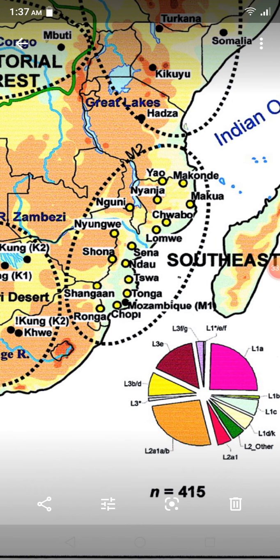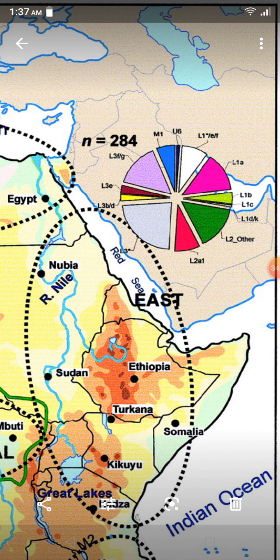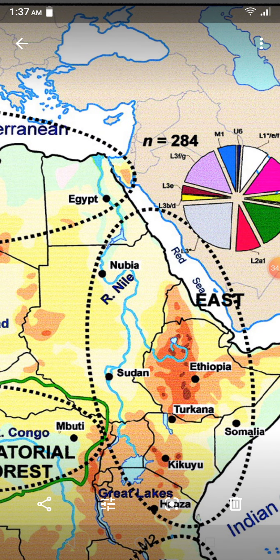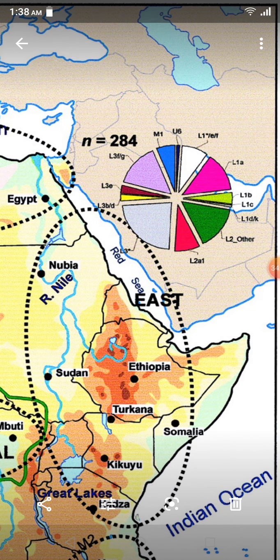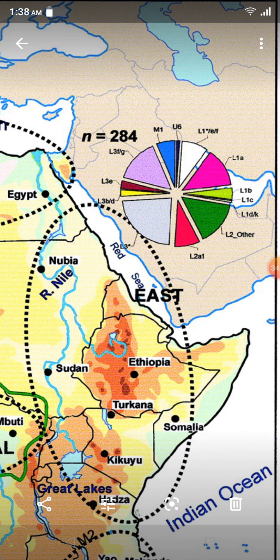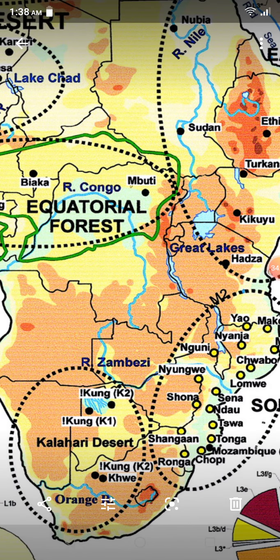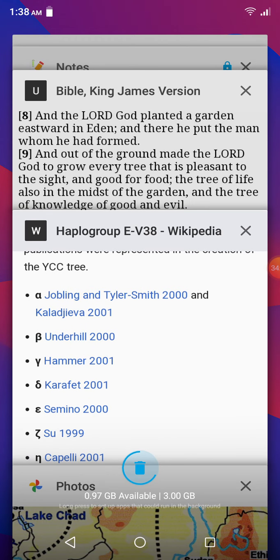I know there's Israelites there because the sample chart shows it. So for Israelites that are debating if there's Israelites in Turkey, yes, there's Israelites in Turkey. Is it a lot? No, small percentages, but there's Israelites in Turkey. Are there Israelites in Iran? Yes, there's Israelites in Iran.